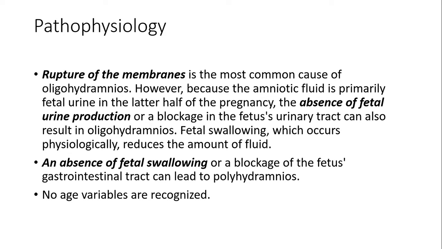So if the baby swallows more fluid than it should, this also can lead to oligohydramnios. On the other hand, if baby swallowing is a problem, or blockage of the fetal gastrointestinal tract is in place, that may lead to polyhydramnios.